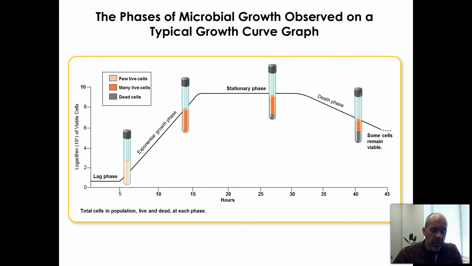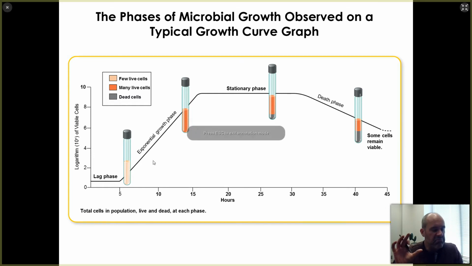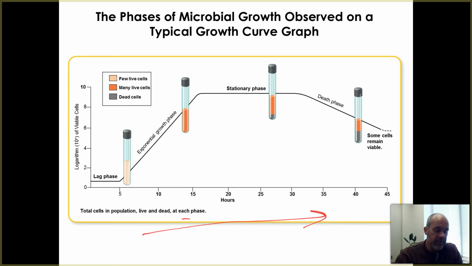Okay, microbial growth in the laboratory when you're growing microbes, especially bacteria. Bacteria are the main group that we're talking about at this point. If you had a culture of bacteria in a liquid, you could sample some of the bacteria out of that culture, count the number of bacteria over a period of time, and graph the population.